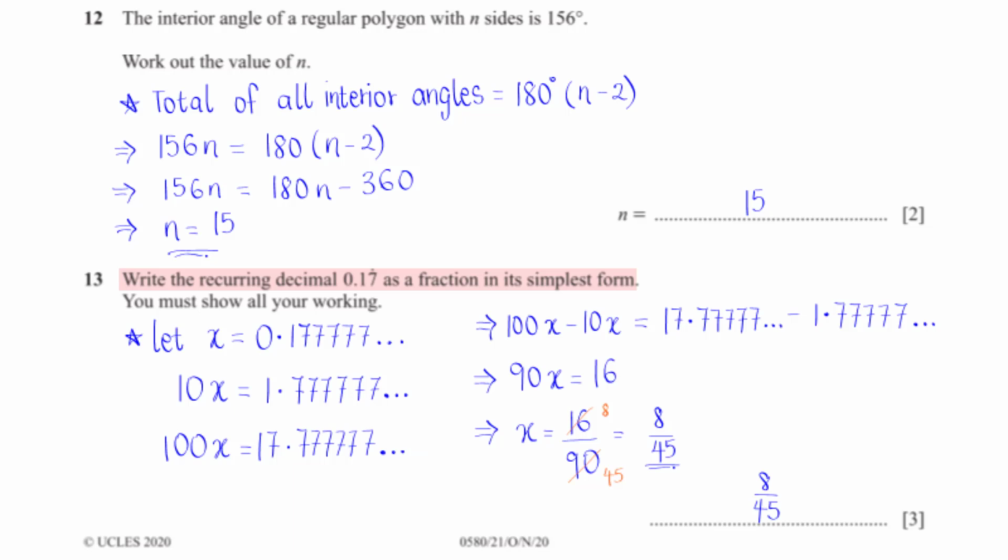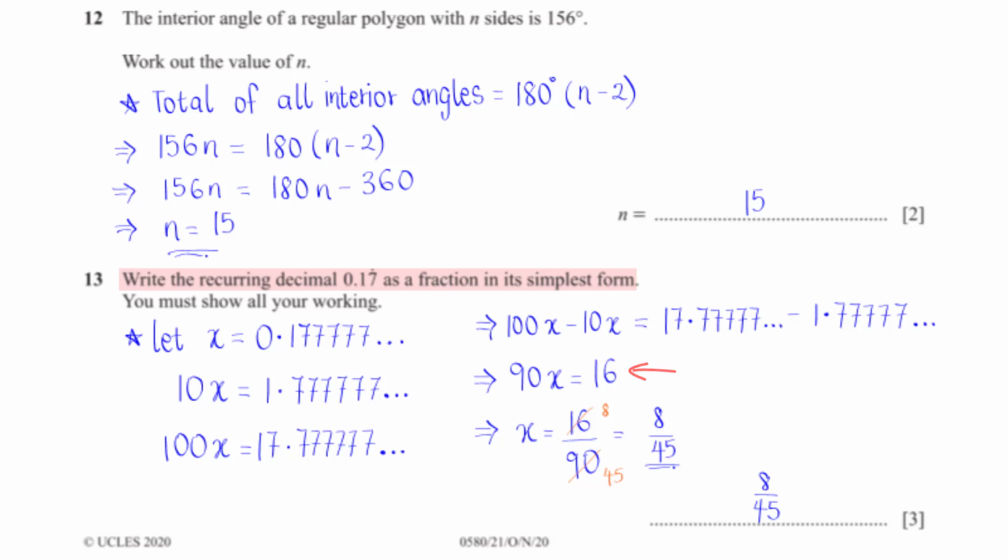And when we multiply x by 100, we have 17.7777... When we look at the recurring decimals, 10x and 100x have the exact same pattern after the decimal point, and so we are going to take these numbers into the next step. And so we have 100x minus 10x is equal to 17.77 minus 1.77. 100x minus 10x is 90x, and 17.77 minus 1.77 gives us 16.